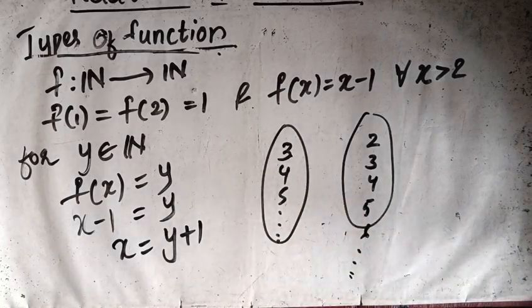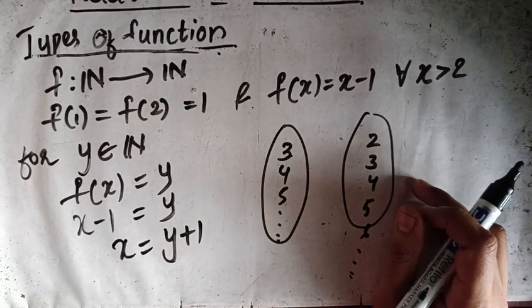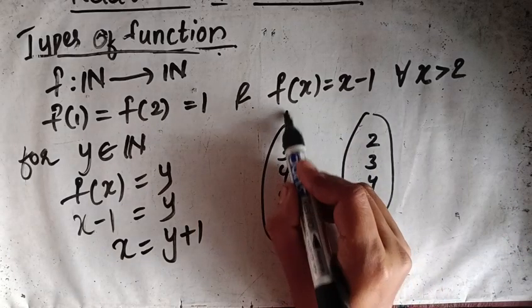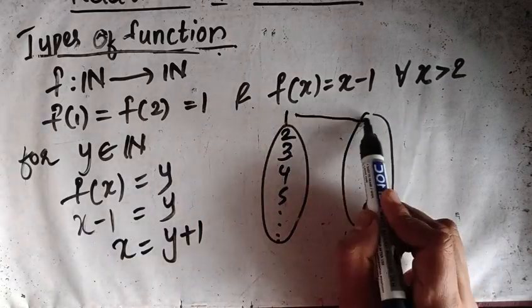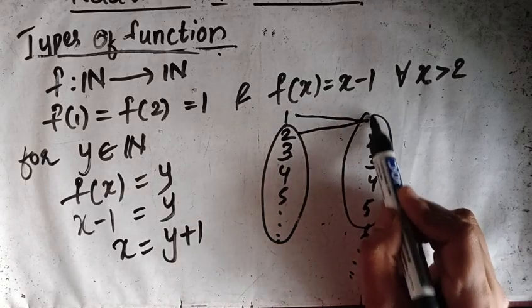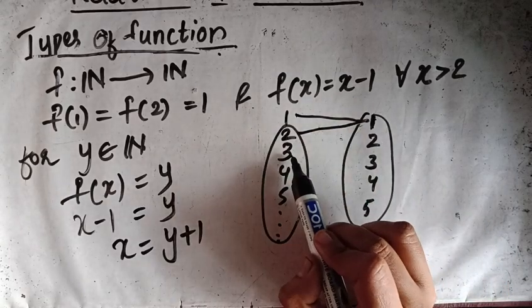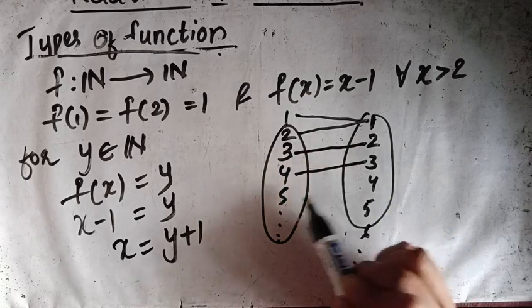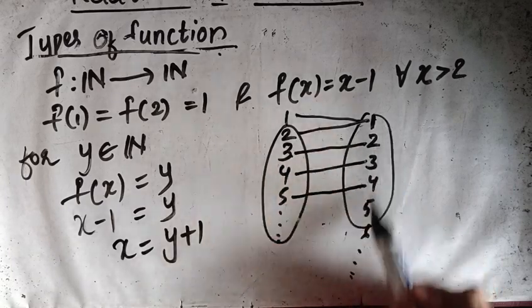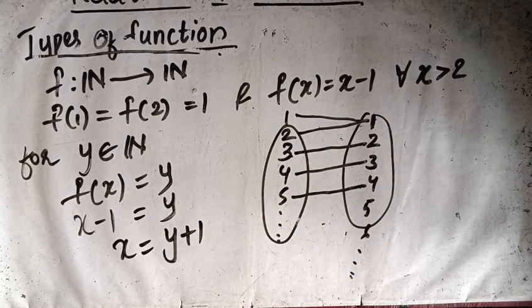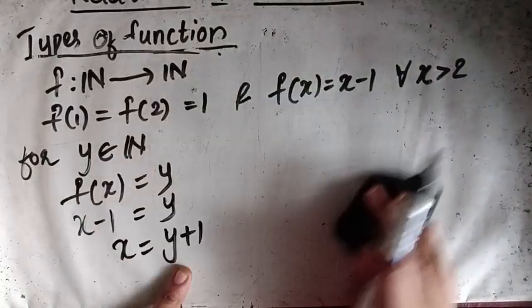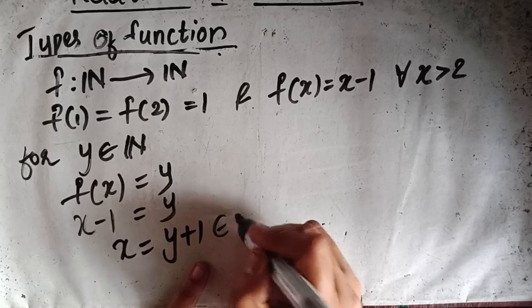f of 1 and f of 2 are both 1. So 1 and 2 both are going to the same element, and 3 goes to 2, 4 goes to 3, 5 goes to 4. So this is onto. So y plus 1 belongs to your set of natural numbers.